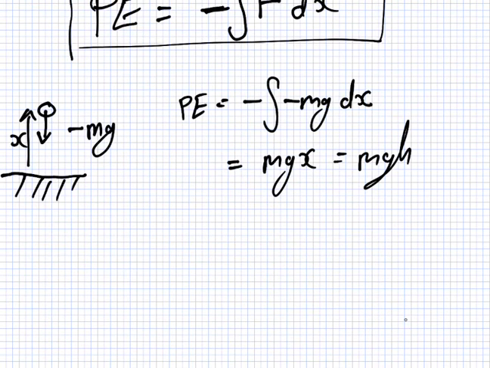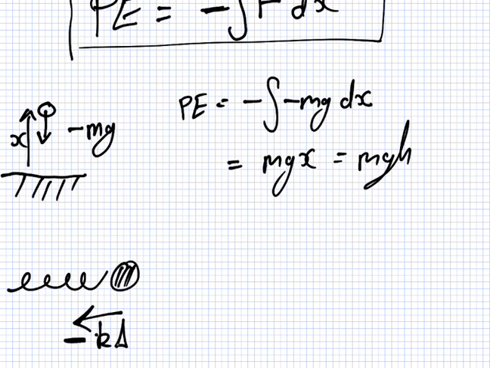Now if we look at Hooke's law with the spring, the force this way is minus k delta x. So the potential energy should be minus integrate minus k delta x.